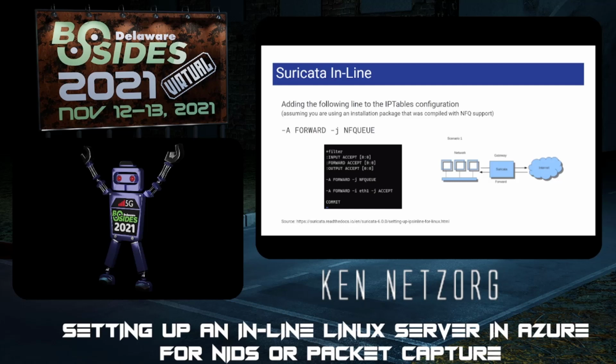So everything else pretty much remains the same. Follow the documentation within Suricata, and then from there, add the simple line to your iptables, restart iptables, and away you go. You now have a full inline working Suricata system.